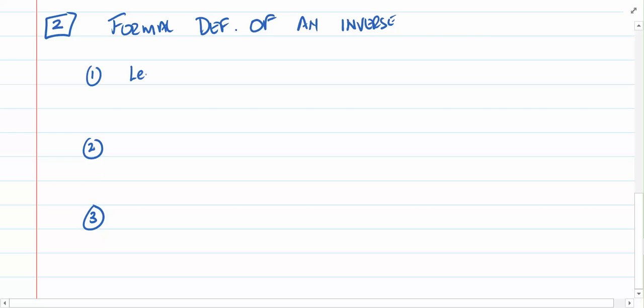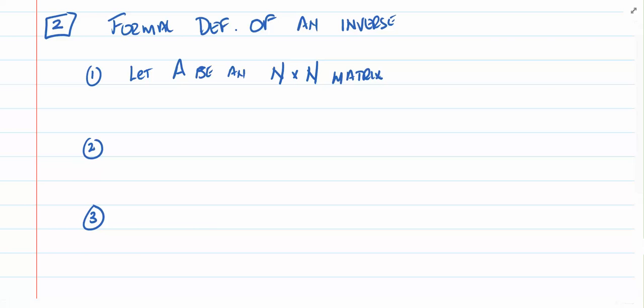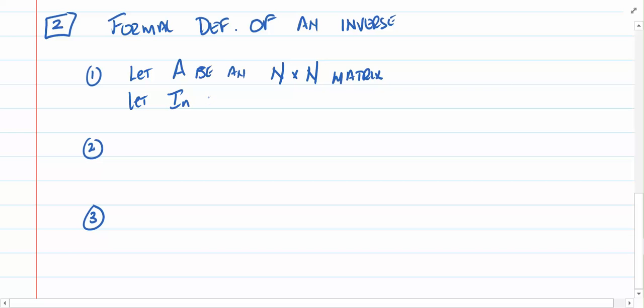Number 1, we're going to say let matrix A be an n by n matrix. So A is an n by n, which means it's a square matrix, because rows and columns match up. And we're going to let I sub n be the n by n identity matrix. Okay, so that's our setup.